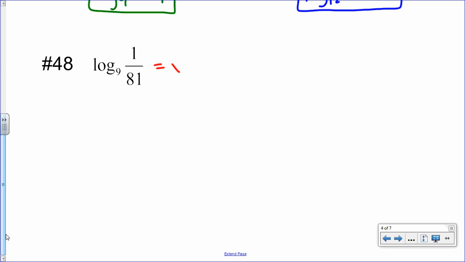Lauren, what does this look like in exponential form? Good. 9 to the x equals 1 over 81.